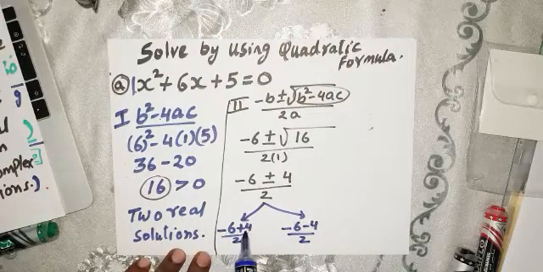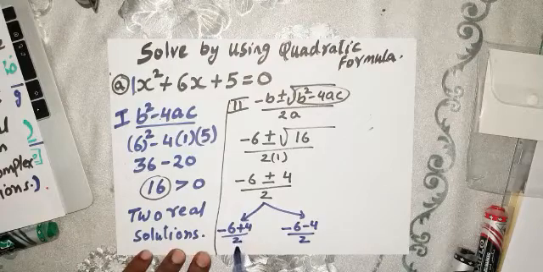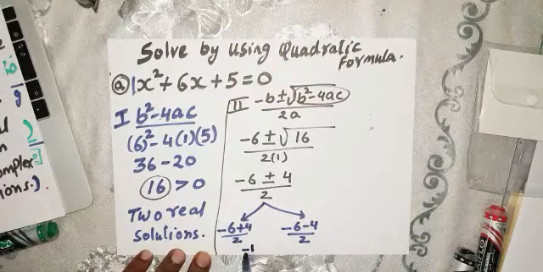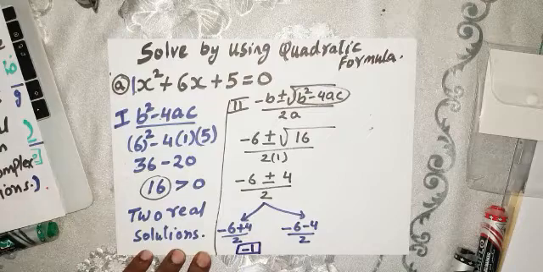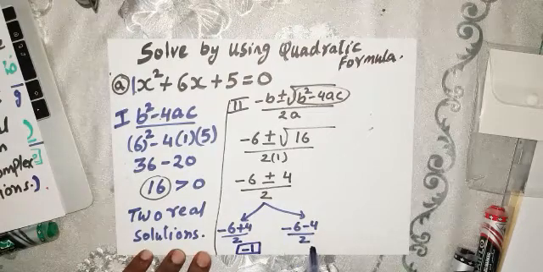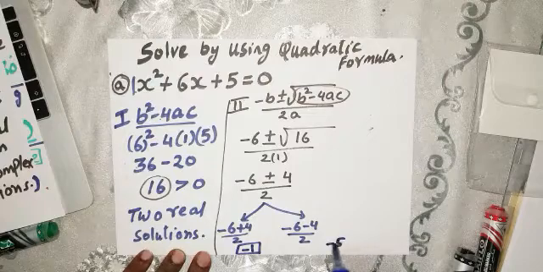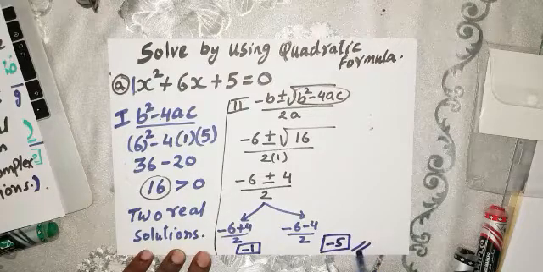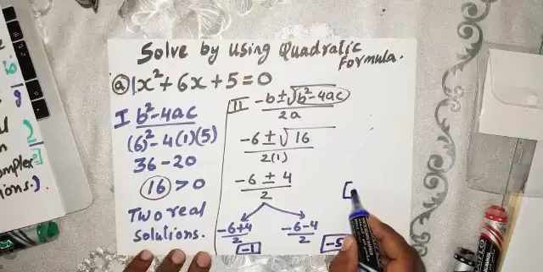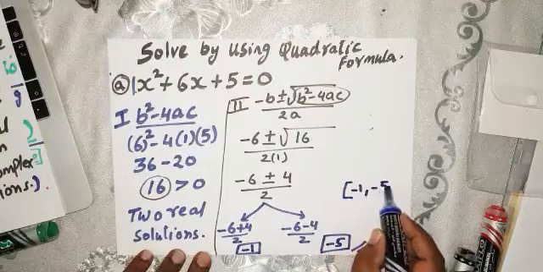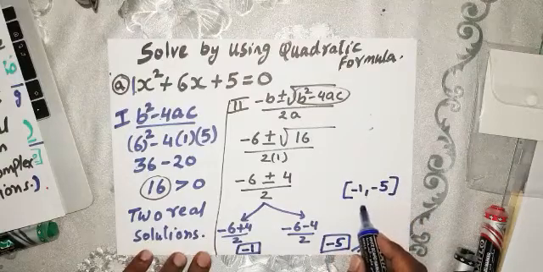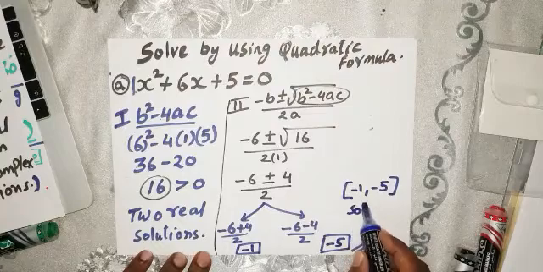Minus 6 plus 4 is negative 2. Negative 2 divided by 2 is negative 1. Likewise, negative 6 minus 4 is negative 10. Divided by 2 is negative 5. So these are going to be your two solutions. Negative 1 and negative 5 are your true solutions.